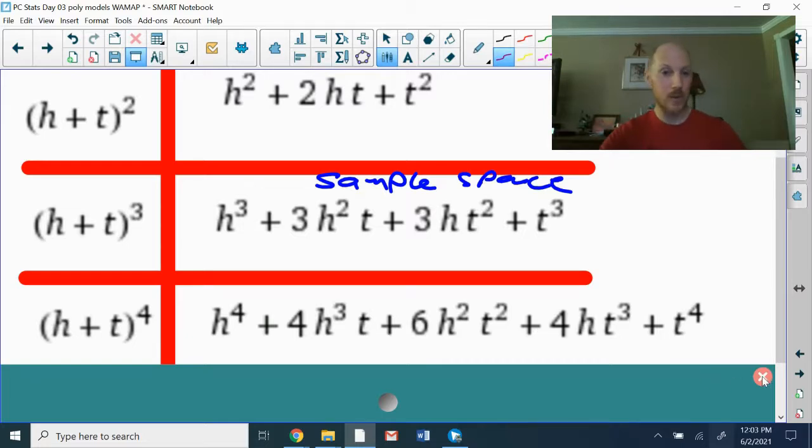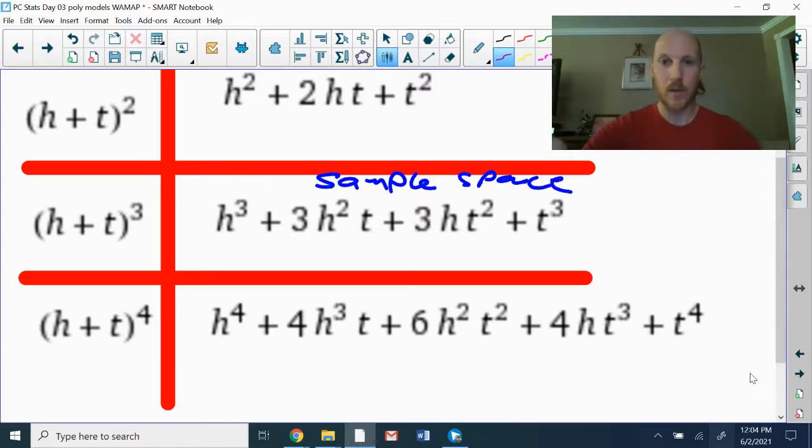And so each of these represents the actual sample space, all of the outcomes possible, the different combinations of the coins, if you were to flip a coin 3 times, or if you were to flip a coin 4 times. So the coefficient tells us the frequency. There's 1 possible way to get heads on all 4 coins.